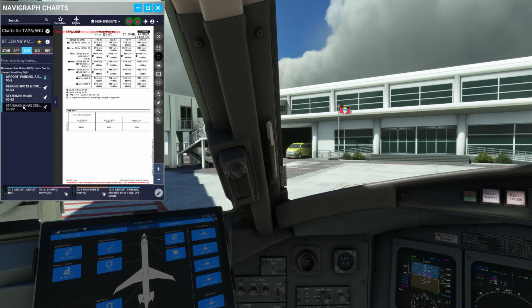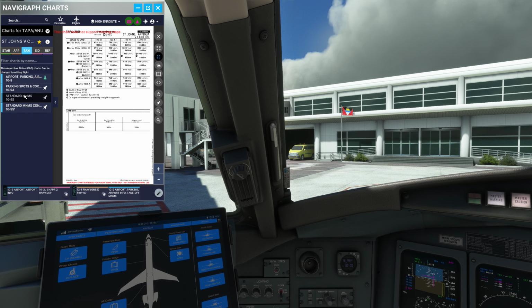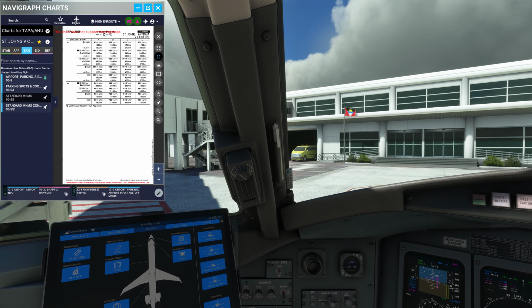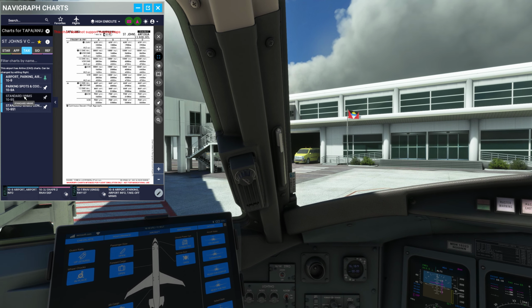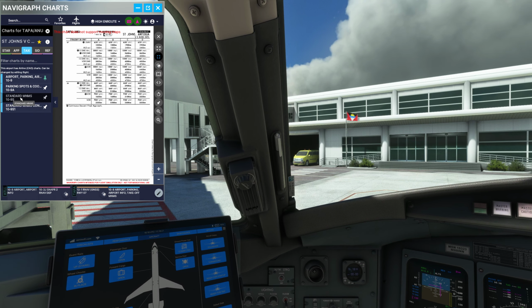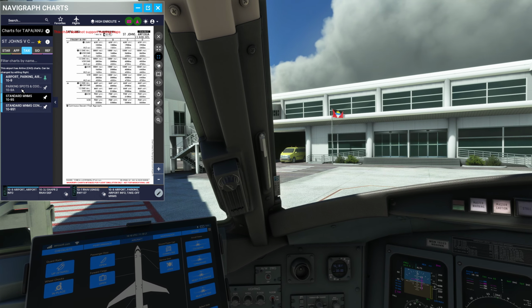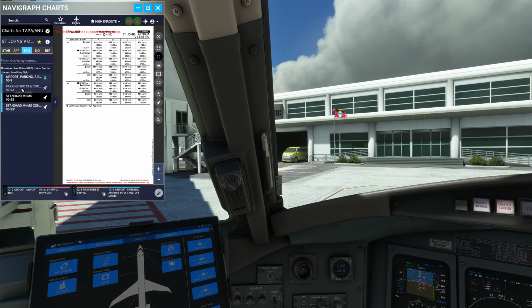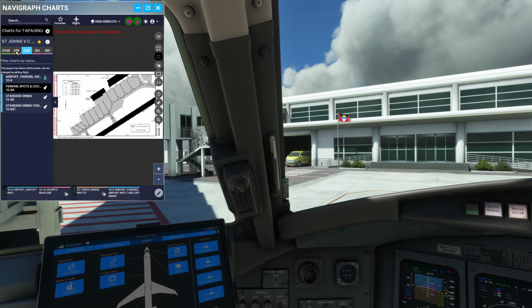Let's see here. What I'm trying to figure out is what the PAPI angle is. So the PAPI angle might be steeper. I would imagine, if anything, the PAPI angle is steeper than the glide slope angle for the RNAV approach.